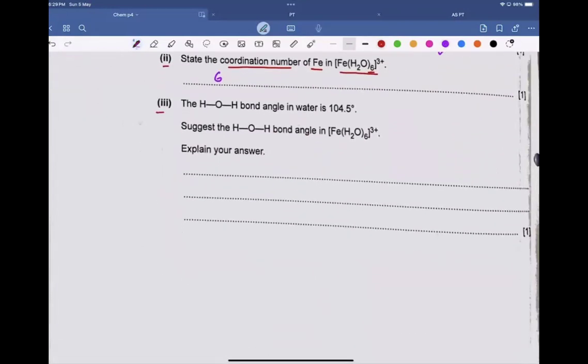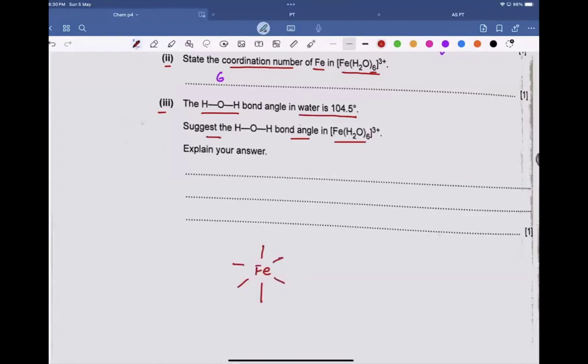Now, third part. The HOH bond angle in water is 104.5. Suggest the bond angle in Fe(H2O)6 3 positive. Now this is an interesting part, because if you see the iron, it is like this, and the oxygen is bonded over here.